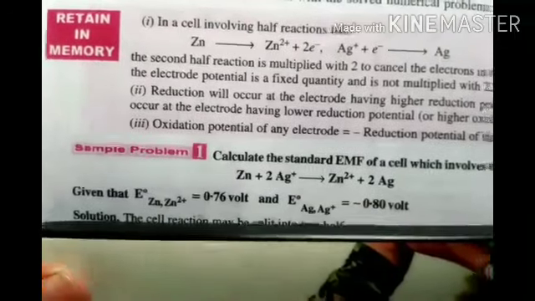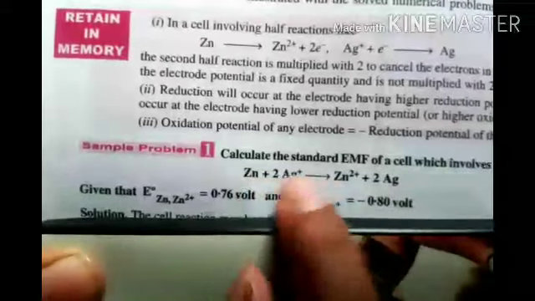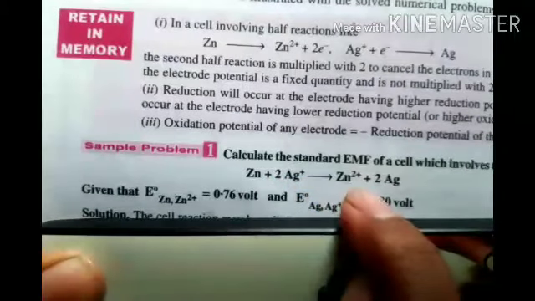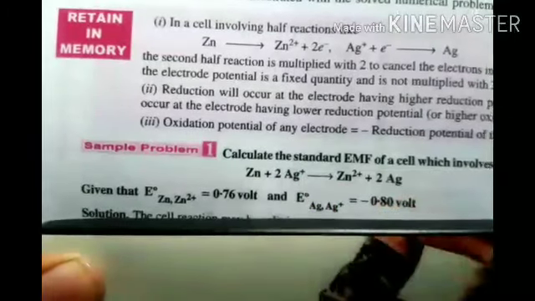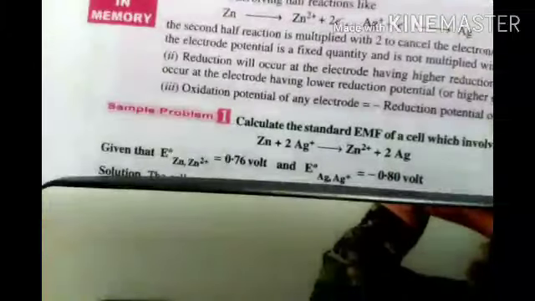Got it? This is the question. The reaction is Zn plus 2Ag+ gives Zn2+ and 2Ag.